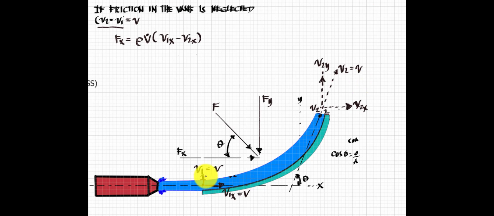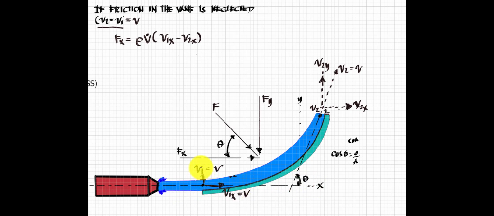So take note, we don't have the y component of V1, since our jet is acting at 90 degrees to the angle, which is usually at 0 degrees from the horizontal axis, or the x-axis.